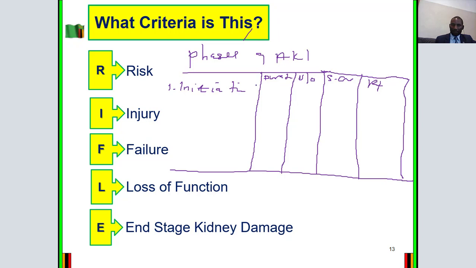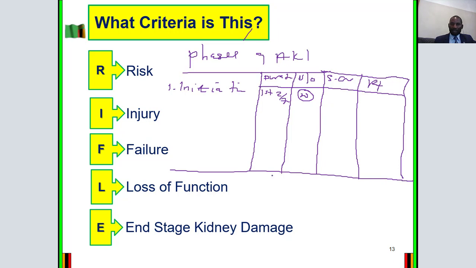So when we talk about initiation, when it's beginning, that is the first 2 days. So the duration is the first 2 days. When you check the urine output here, it is normal.